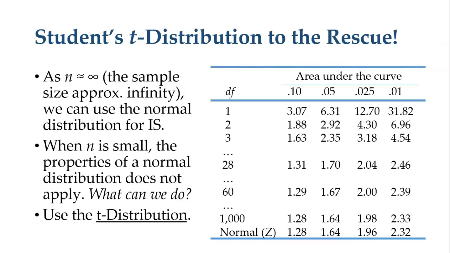The Student's t-distribution is another kind of symmetrical and unimodal distribution, but the way that we interpret its results varies according to the degrees of freedom that we have. Okay?